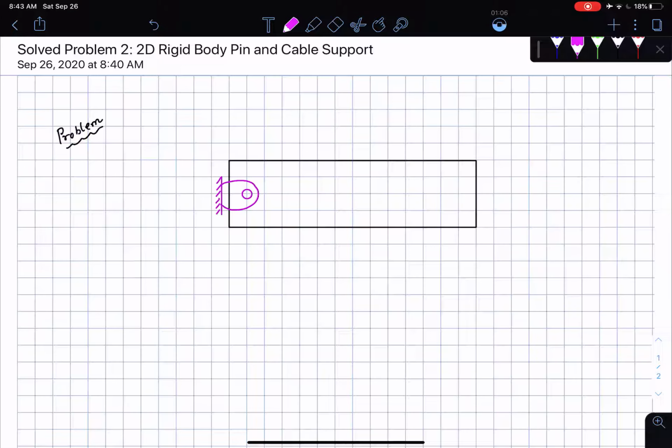You can rotate it about your shoulder, your rotator cuff. Similarly, pin supports allow you to rotate. I can take this entire body and start rotating it up and down, but I cannot move it horizontally or vertically. So this is an example of a pin support here. Let me draw the pin carefully as well. So this is a pin support.